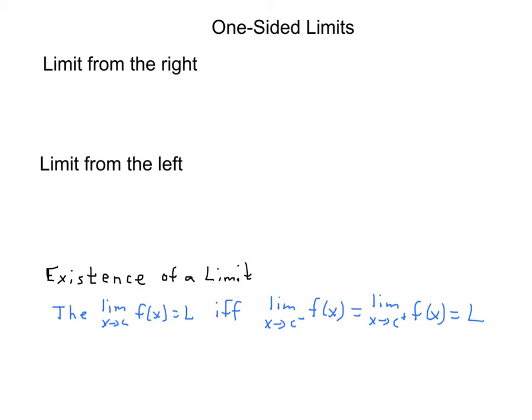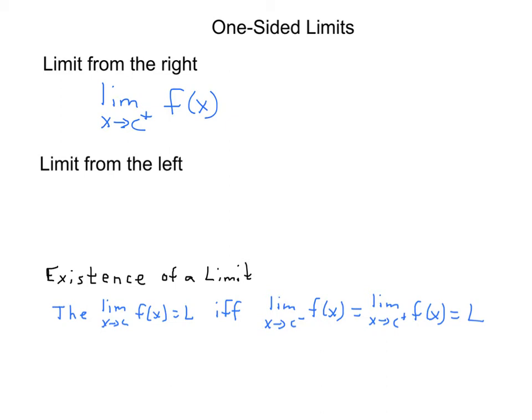For example, if I want to find the limit as x approaches c from the right, I will write the limit as x approaches c from the right of f of x. That little plus sign means from the right. And then I will look at the function and try to determine what happens as I move closer and closer to c from the right.